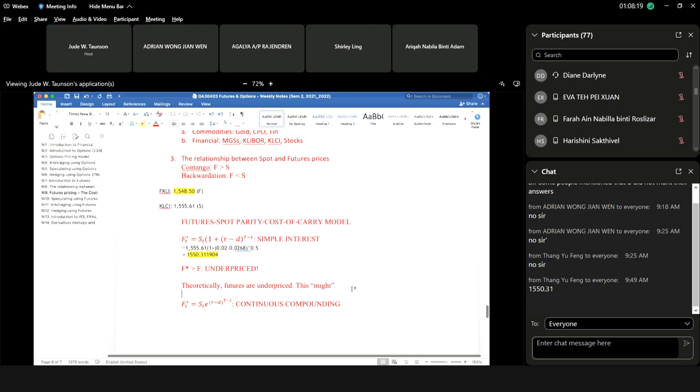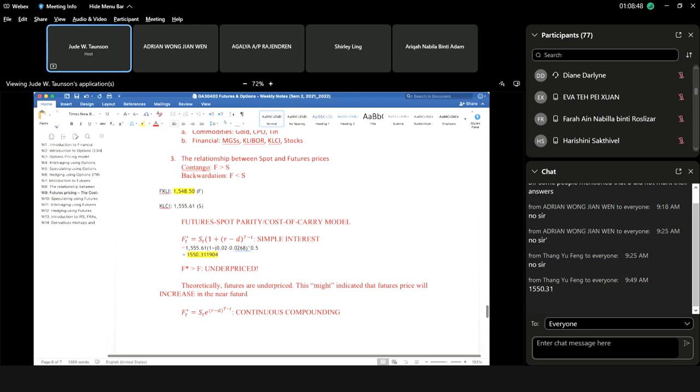Might indicate that the futures price will increase in the near future. Okay?